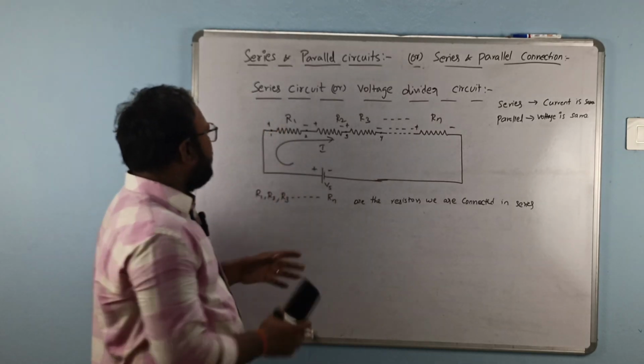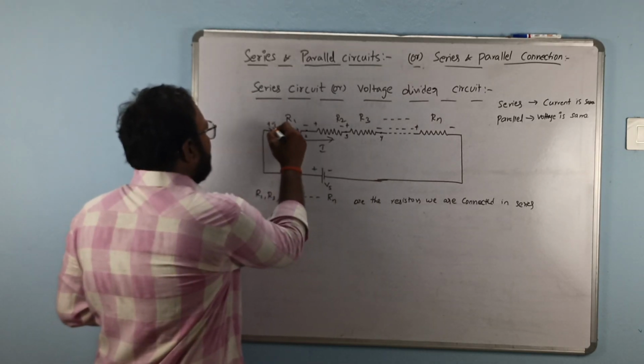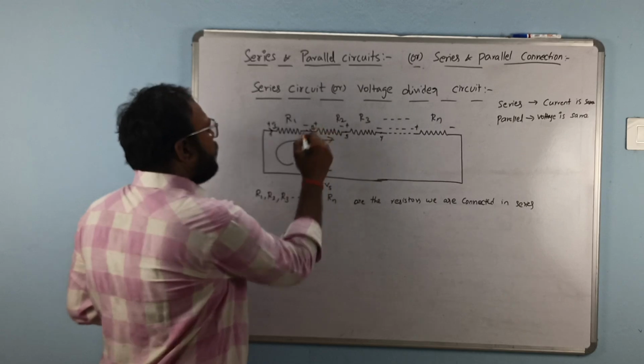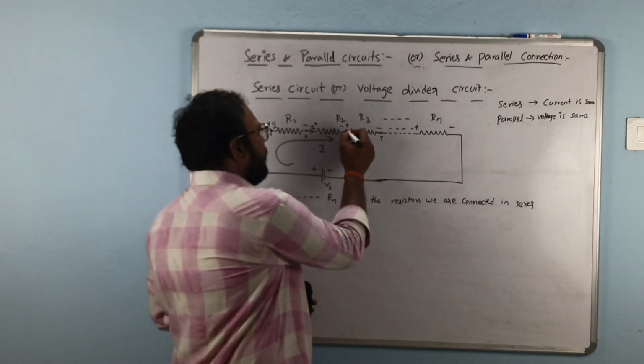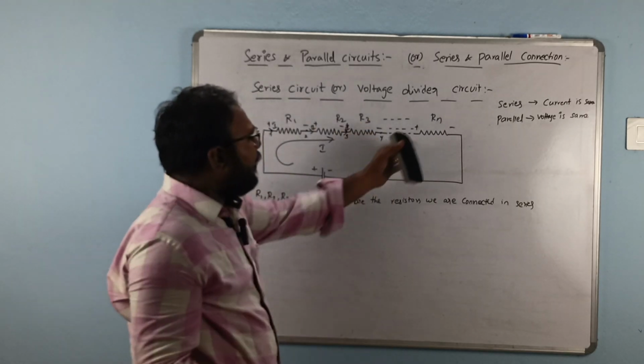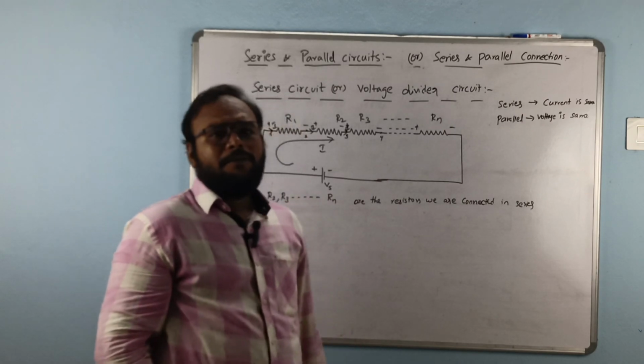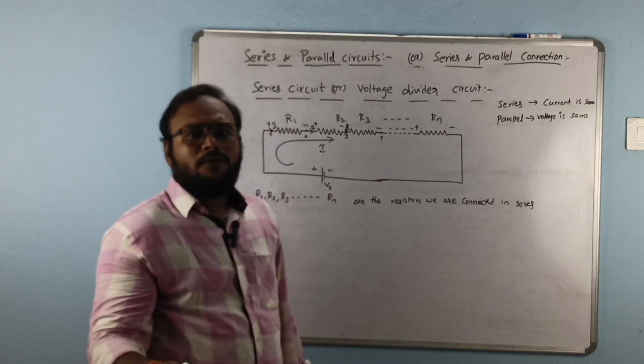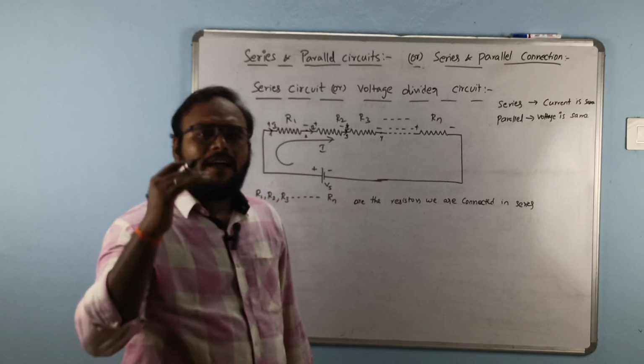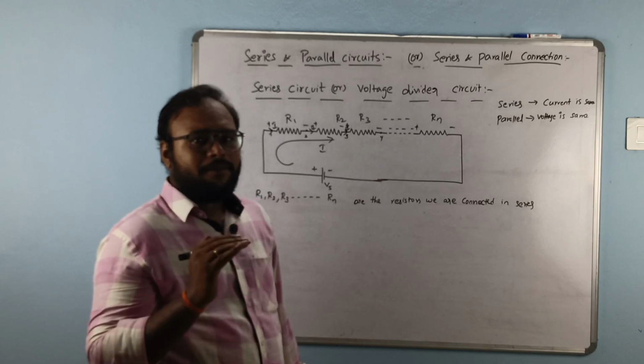If you consider current I in the first resistor, in the second resistor the current is also I, in the third resistor also I, and in the nth resistor also I. So the current is the same through all the elements present in the series connection.